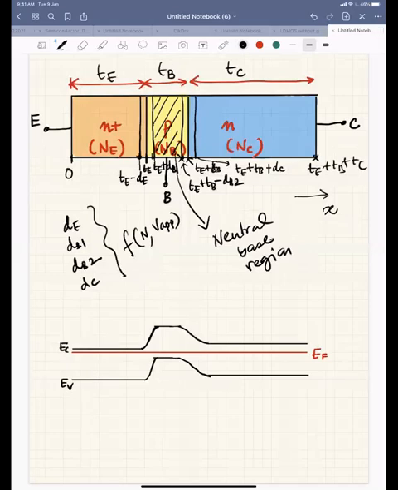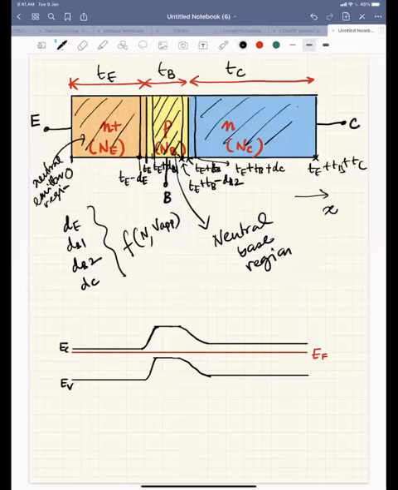Similarly, you have a neutral emitter region and a neutral collector region.